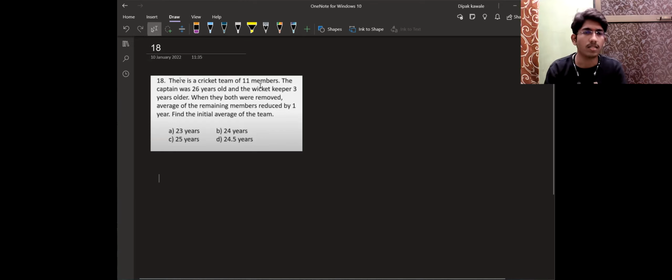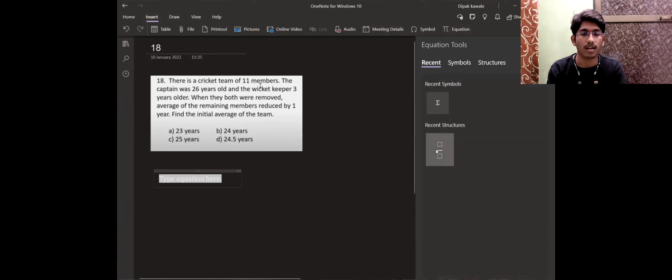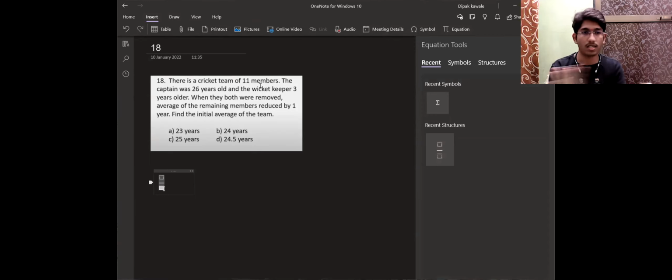Okay, so what it is saying is that there is a cricket team of 11 members. चलो आपको मैं बताता हूँ कि कैसे करना है, फॉर्मेशन कैसे है, स्टार्ट कैसे करते हैं. So as soon as you read some data, you have to write it down. So there is a team of 11 members.